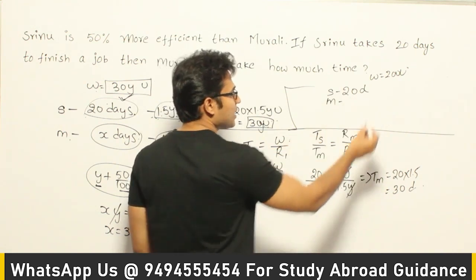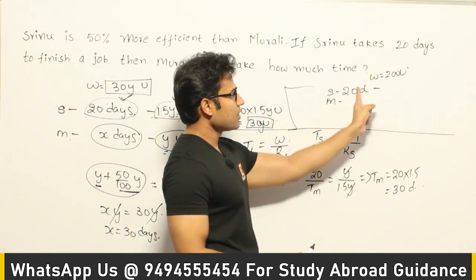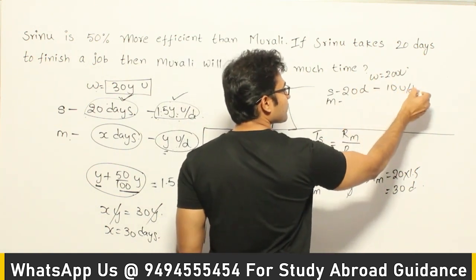Then the rate at which Srinu is working will be 200 divided by 20, which means 10 units per day.